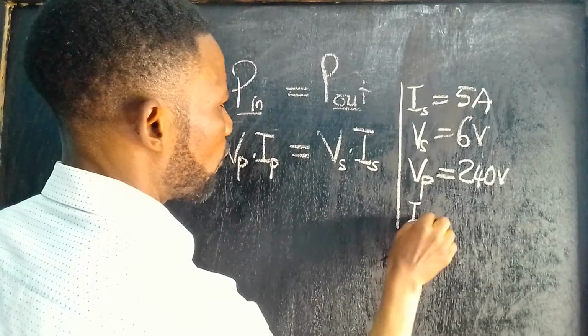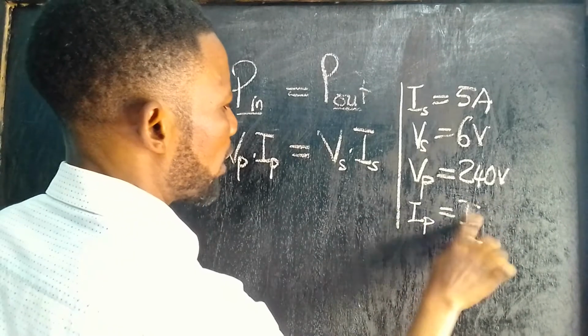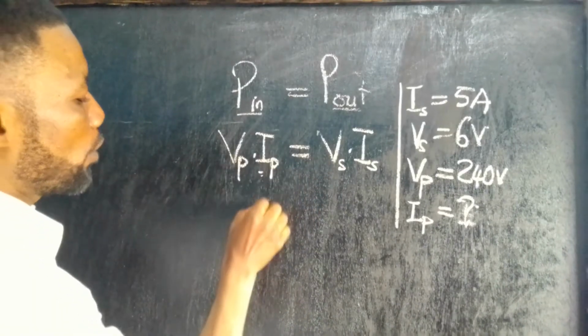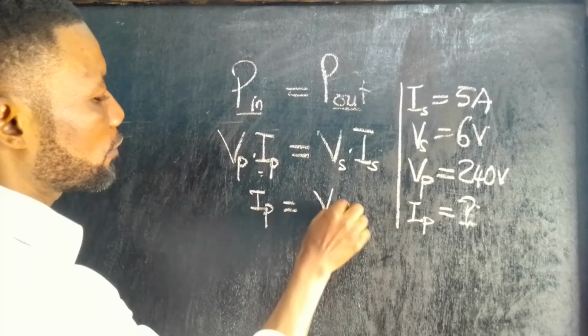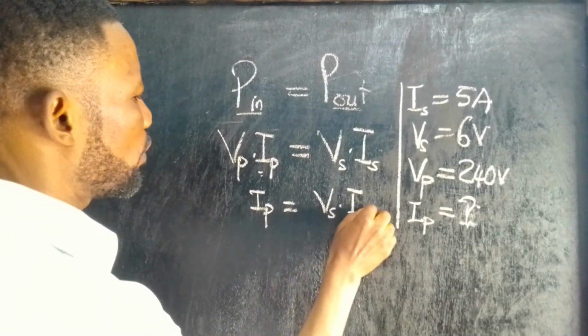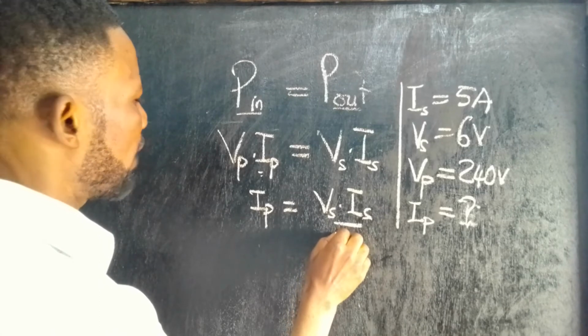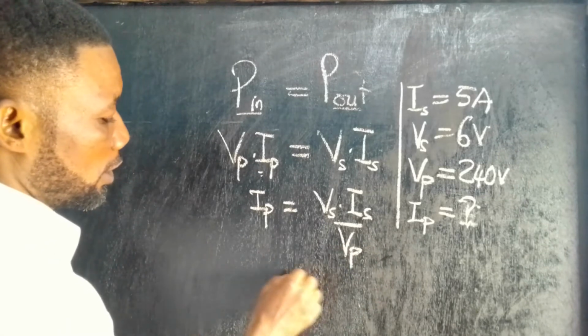What we are looking for is the primary current. If we substitute, the primary current is the secondary voltage times the secondary current divided by the primary voltage.